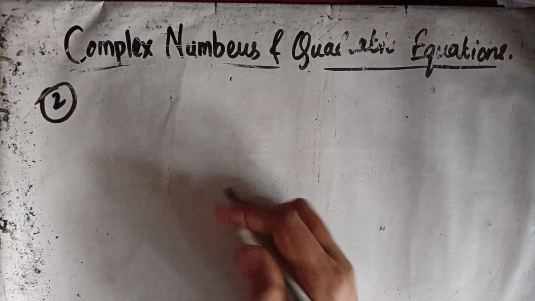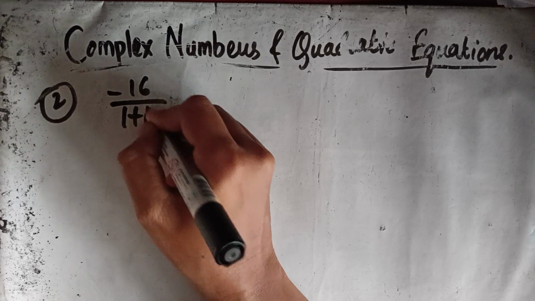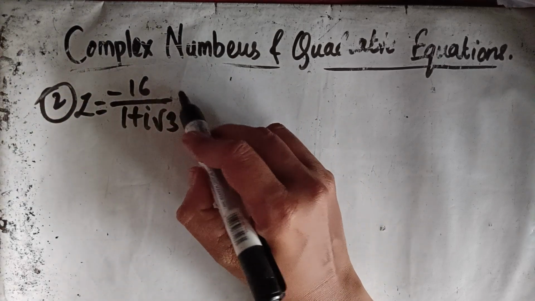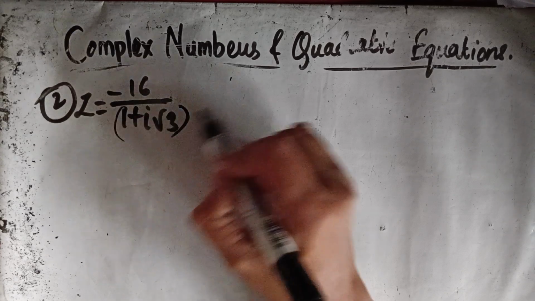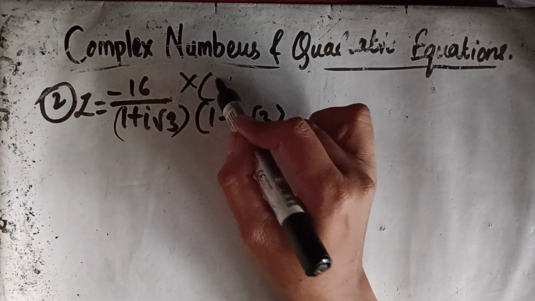Convert the complex number minus 16 upon 1 plus I root 3. Okay, you have to convert this into polar form. First you have to convert it into a plus ib form. So take the conjugate and multiply.